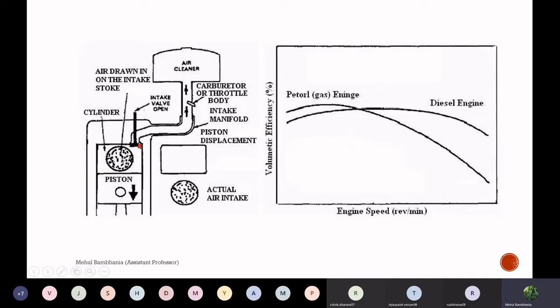So only some amount of charge will actually be introduced inside this cylinder. Still a certain volume will be empty. So this is the total volume available, and this is the volume you actually drew as charge during the suction stroke. So that ratio is important.